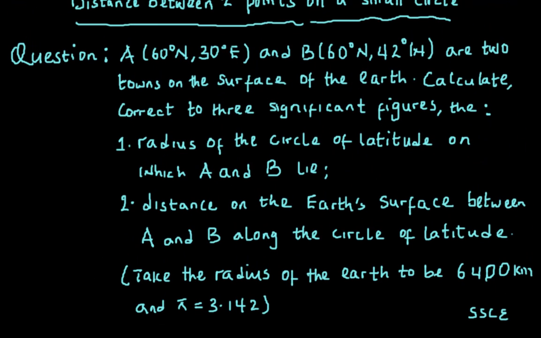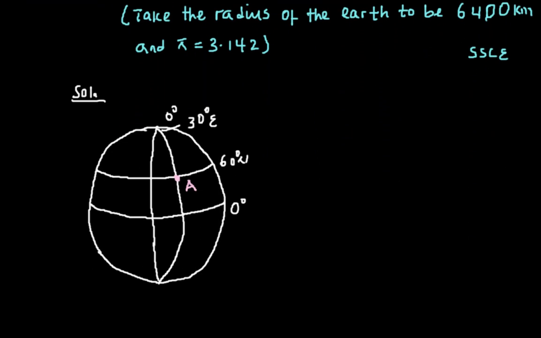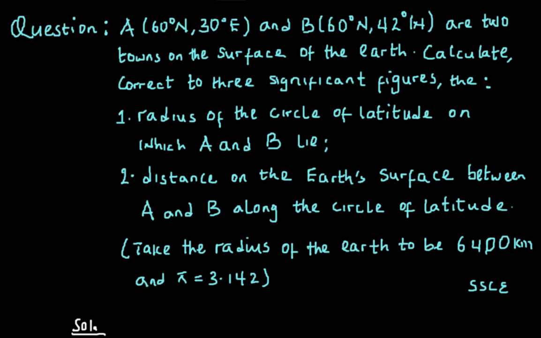Now let's go back to the question to see the point for B. We have 60 degrees north and 42 degrees west. Now 60 degrees north, it means that it's still on the same latitude, and then we have 42 degrees west.